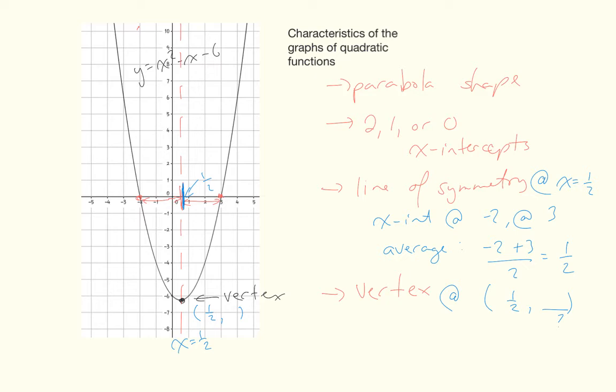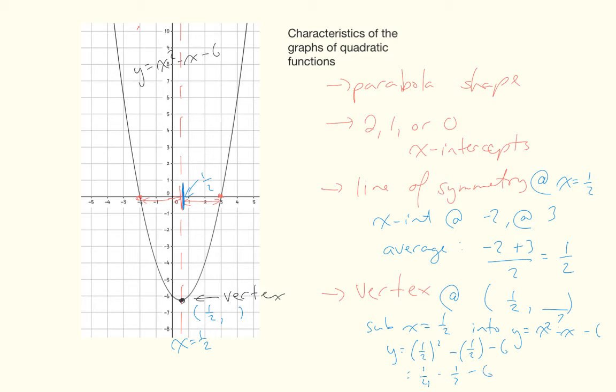Well, if we know the quadratic function, and we do, and if we know an x value, all we have to do is sub it into that quadratic function and solve for y. So we're going to sub x equals 1/2 into y equals x squared minus x minus 6. So away we go. y equals 1/2 squared minus 1/2 minus 6. 1/2 squared is 1/4, minus 1/2 minus 6.